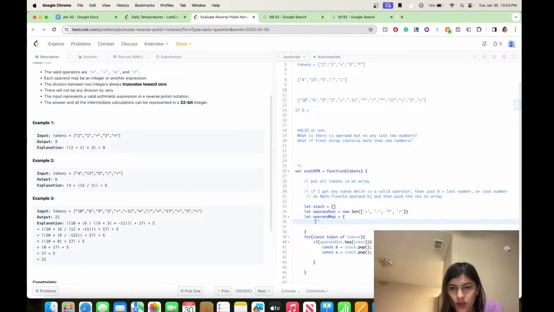So if it is plus, then do something. If it is minus, then do something. If it is multiplication, then do something. If it is division, then do something, right? So maybe I can write a lambda function here, right? So this can be a function.